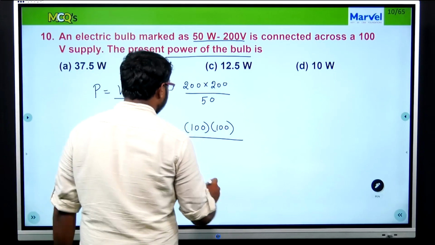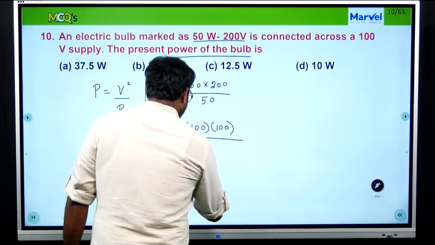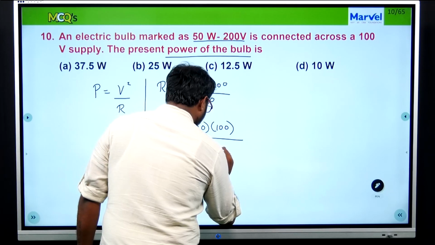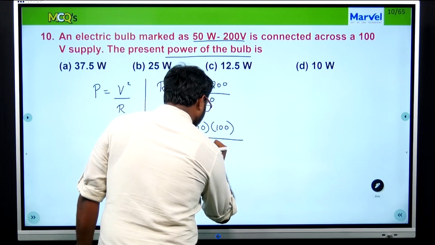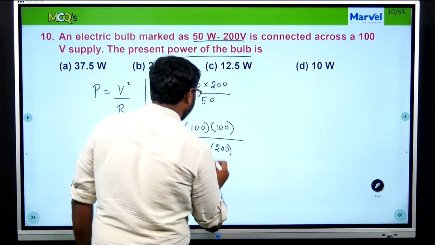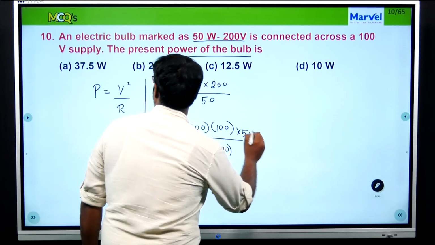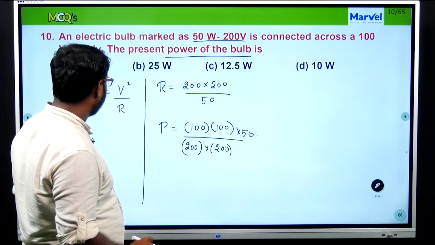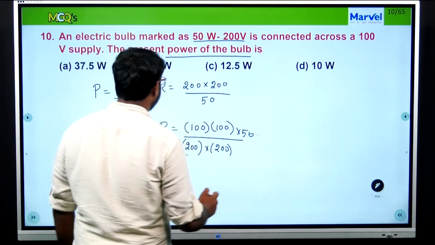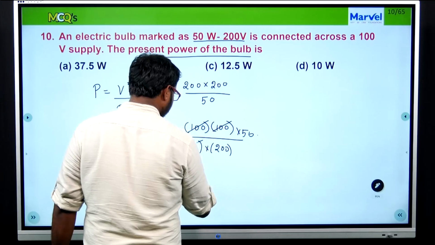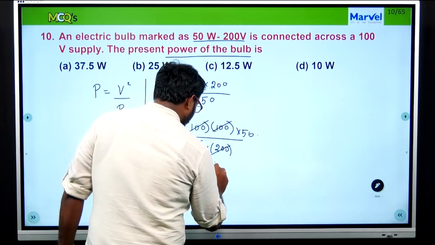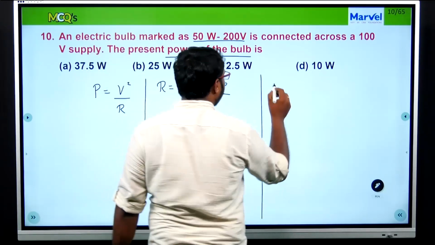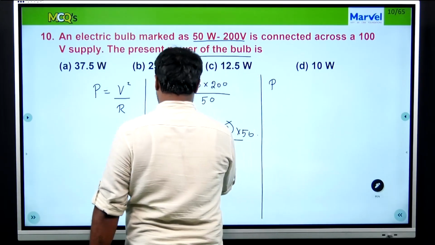So it becomes 200 into 200 into 50. Okay, so 200 into 200 into 50. So what happens, by the way? 2 into 2 it is. Okay, 50 by 4. The power dissipation P prime, I will just call it P prime.